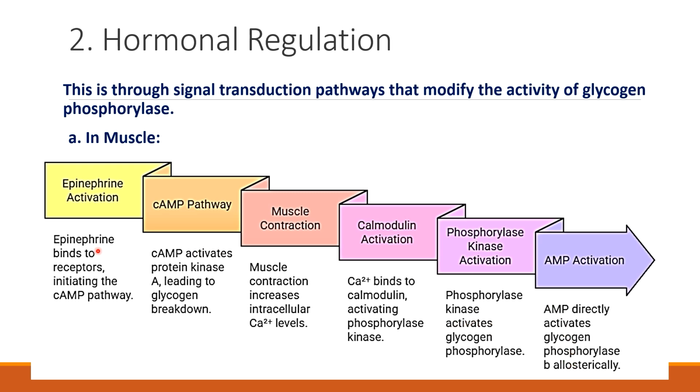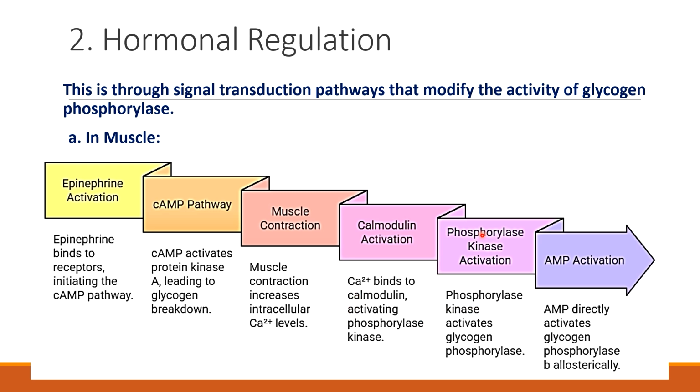So you have epinephrine activation, which triggers the cyclic AMP pathway. Additionally, muscle contraction increases the intracellular calcium. Calcium binds to the calmodulin, which activates phosphorylase kinase.